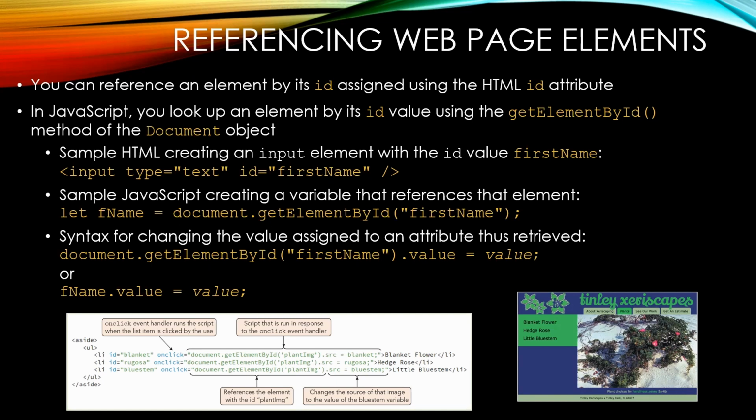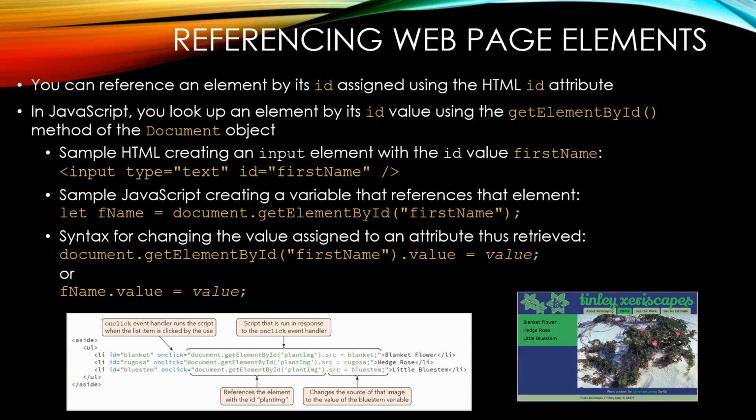So a sample HTML creating an input element with the ID value firstName: pointy brackets, input type equals text, id equals firstName. That's going to be a way to describe and use that element by using more of a variable name, and we're going to call it firstName.